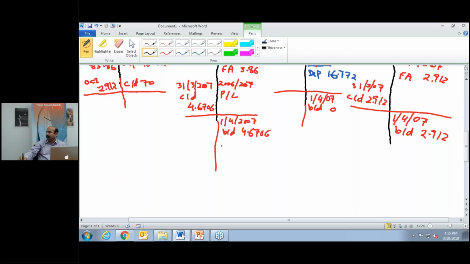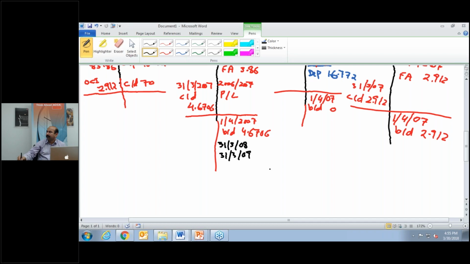This is decommissioning liability. If we unwind it on 31st March 2008 and on 31st March 2009, the effect for 2 years, using a 10% discount rate, will be 4.6706.